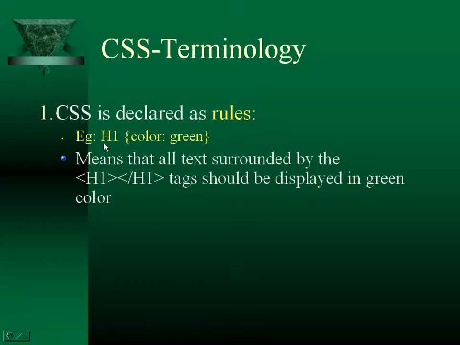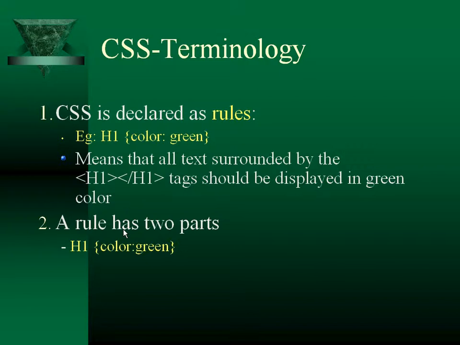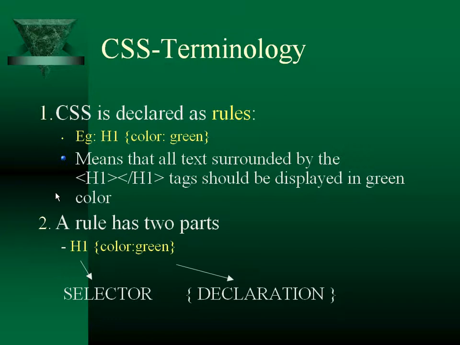Here the h1 header element of the HTML is given green color. This CSS rule is used to display the text surrounded by the h1 tags in green color. A rule has two parts. The first part is known as the selector and the second part is the declaration part.